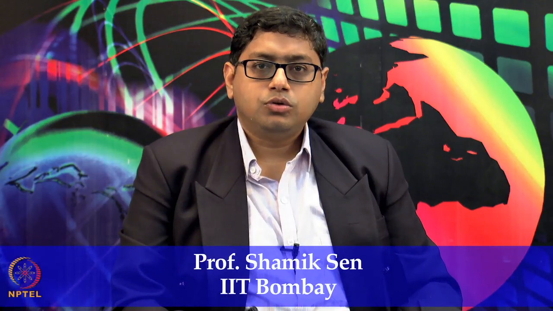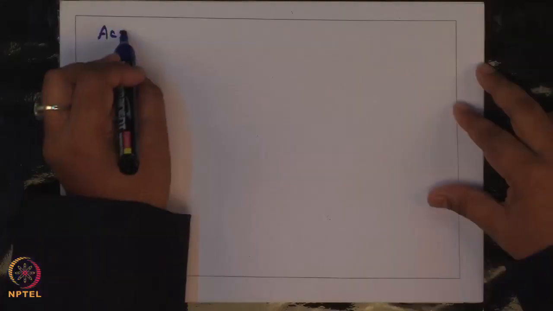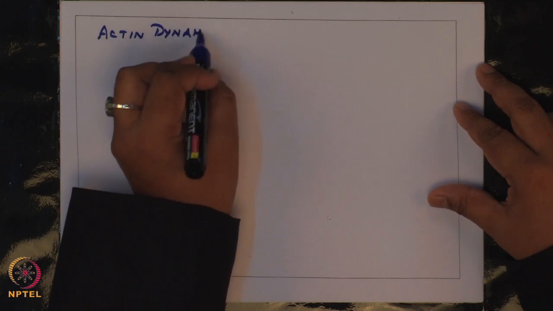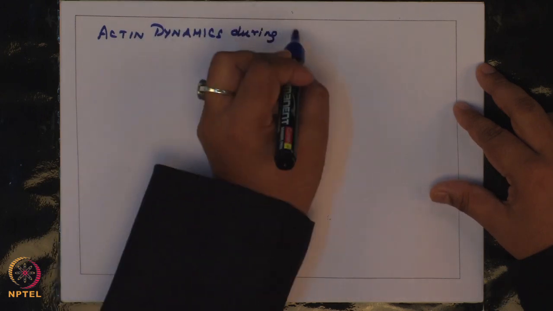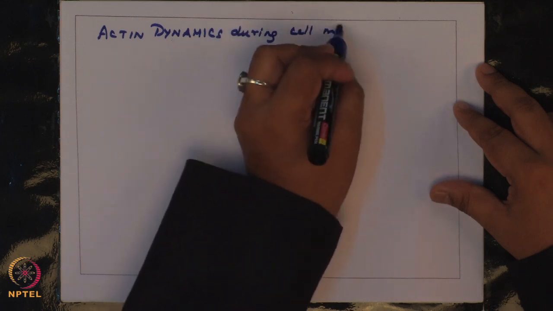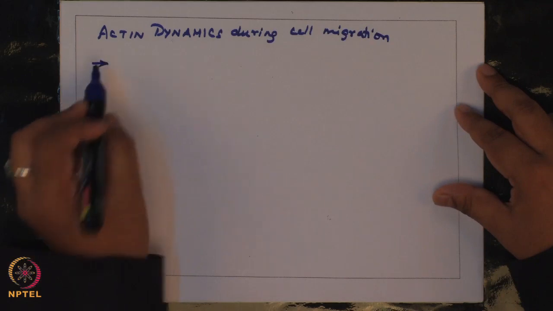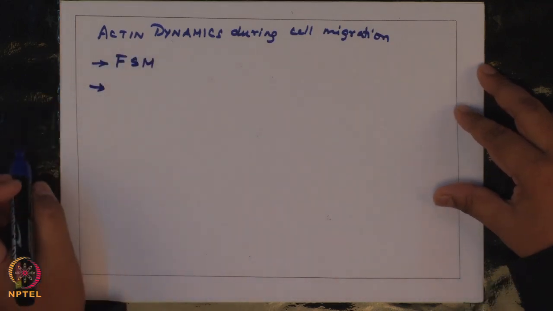So, over the last 2-3 lectures we have been discussing actin dynamics in migration. I have introduced you to the technique of fluorescent speckle microscopy for tracking dynamics.